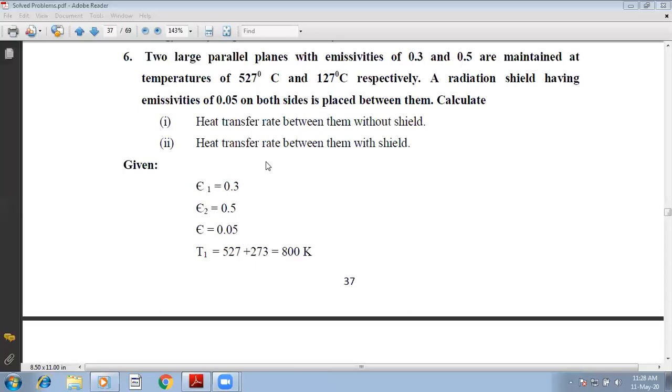Now the given data is like this. You have two parallel planes. The emissivities of the parallel planes are 0.3 and 0.5. In the first case, you need to calculate the heat transfer without the radiation shield.